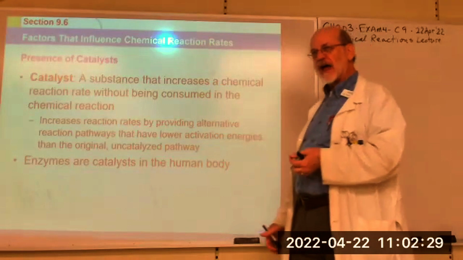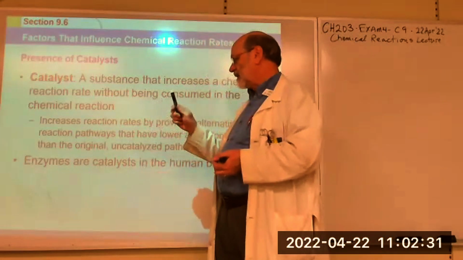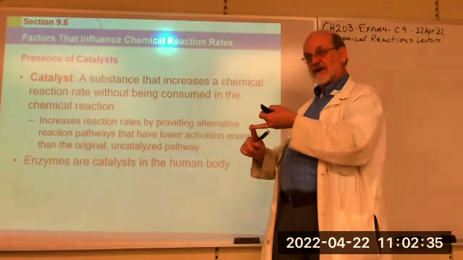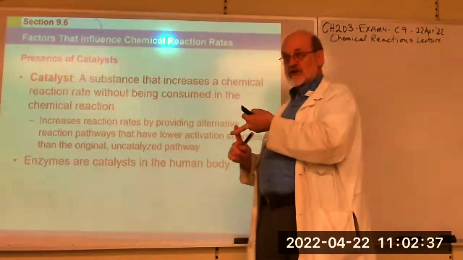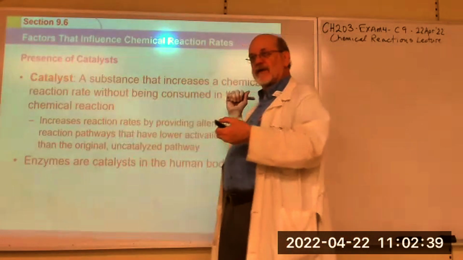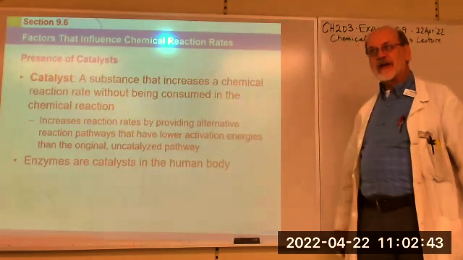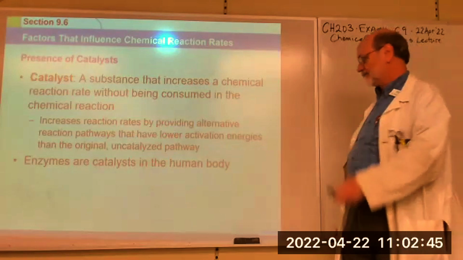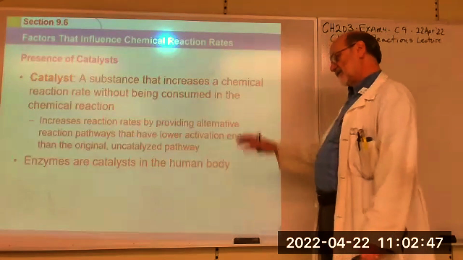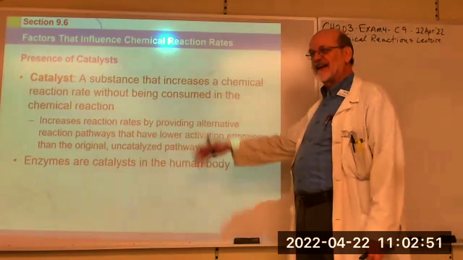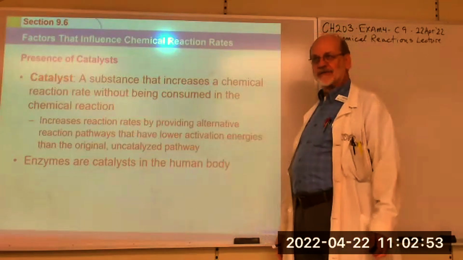So it controls the reaction in terms of speed and on-off switch and direction. It only goes one way. So that means if you want the reaction to go back the other way, you need a different enzyme. But to make a long story short, enzymes are more sophisticated than inorganic catalysts.